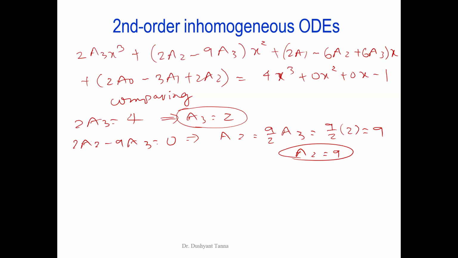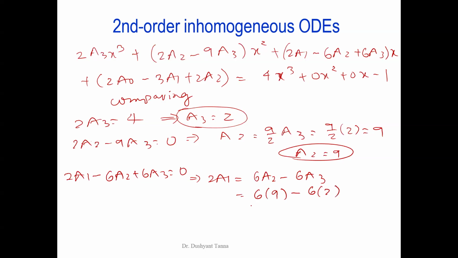Right, A2 is 9. Next, 2A1 minus 6A2 plus 6A3 is also 0. Therefore, 2A1 is equal to 6A2 minus 6A3. 6 times 9 minus 6 times 2, that is 54 minus 12, which is 42.